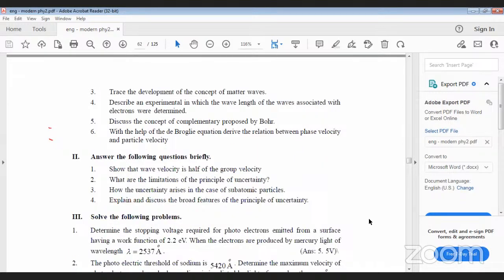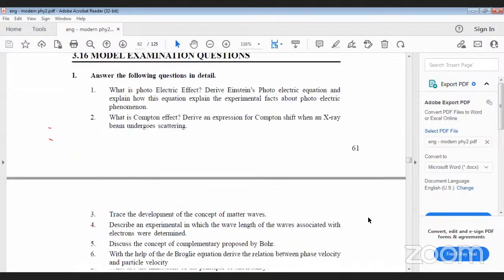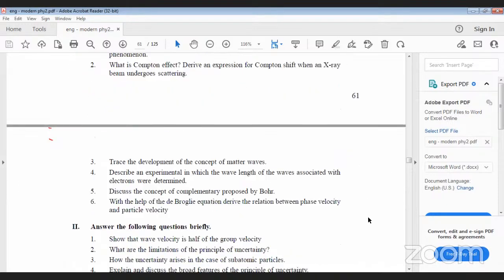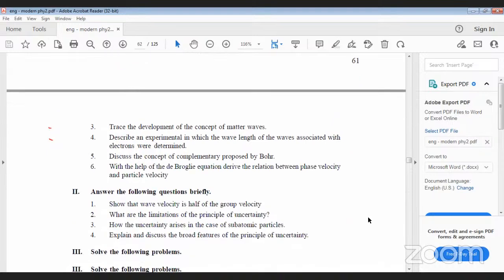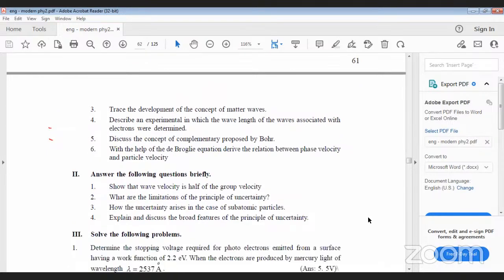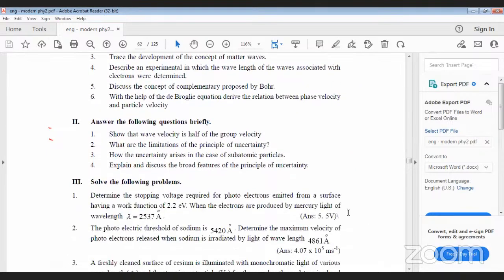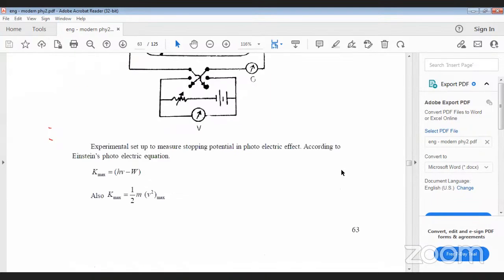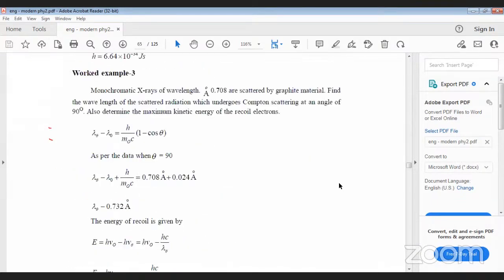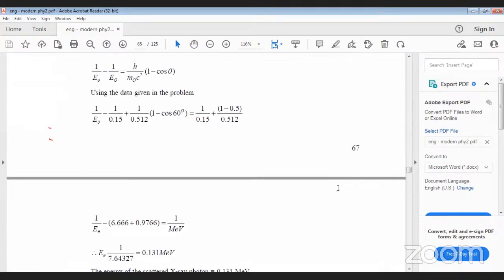That is also there. Short questions you can see here: wave velocity is half the group velocity, uncertainty. There are worked examples for that.